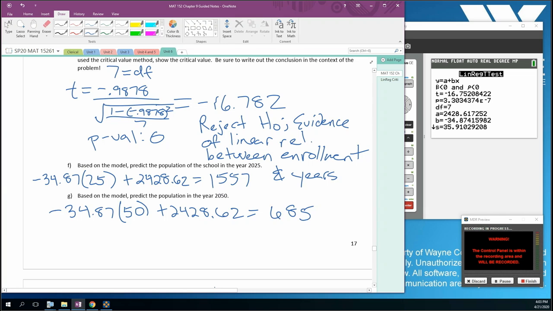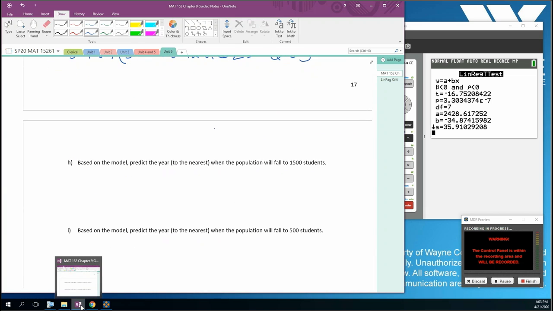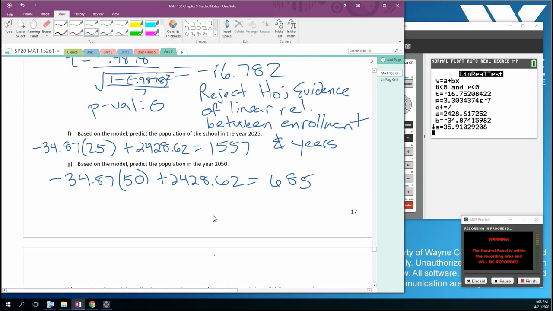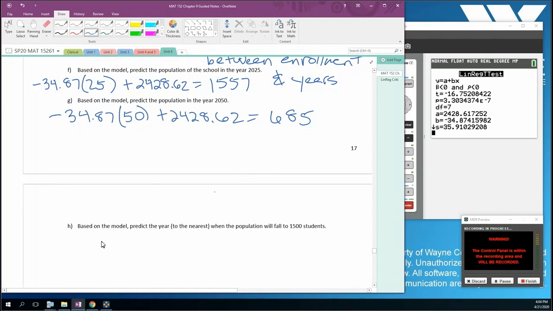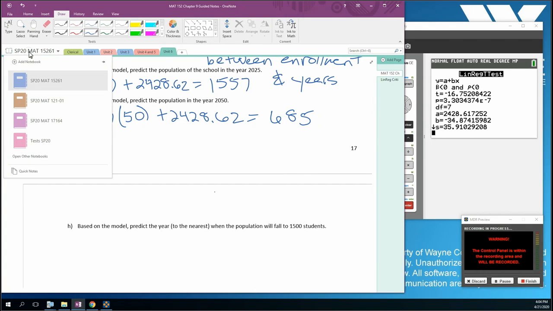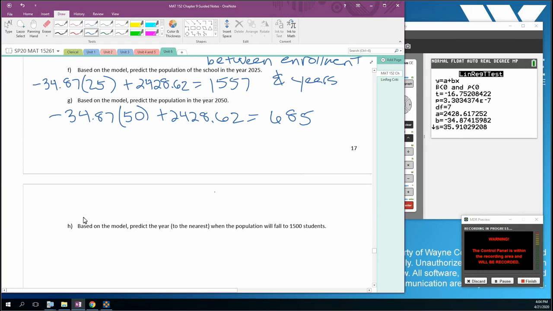So based on the model, when do you think the population will fall to 1,500 students? So we know it's declining. So we know it's going to be after 2025. So what we have to do here is simply take negative 34.87x plus 28.62, and we set it equal to 1,500.